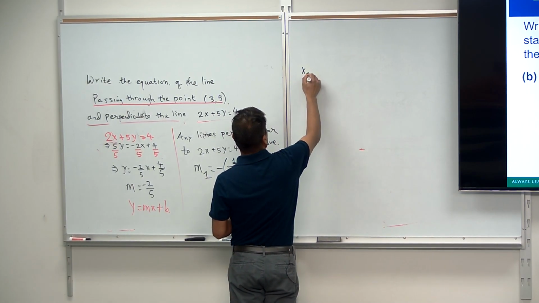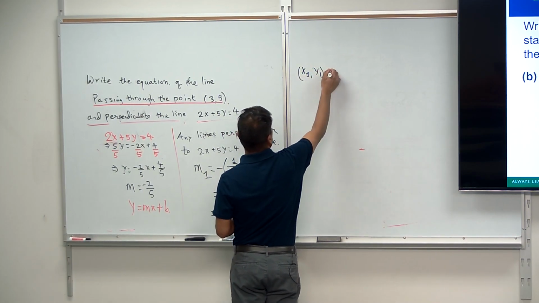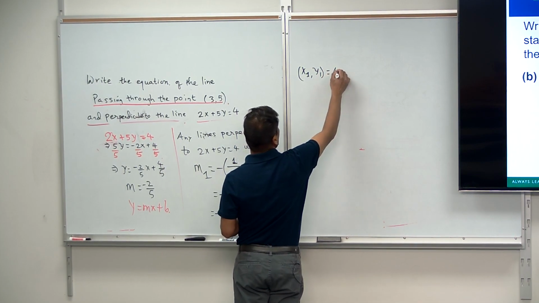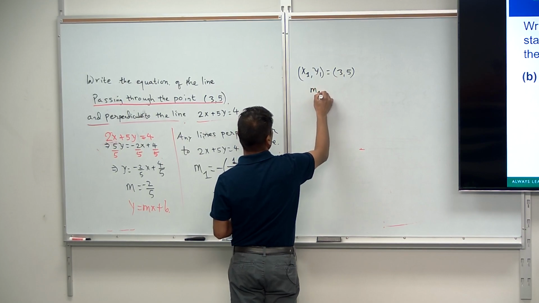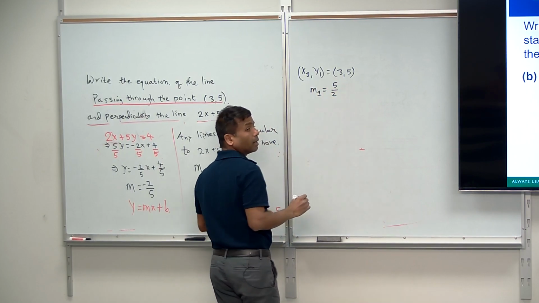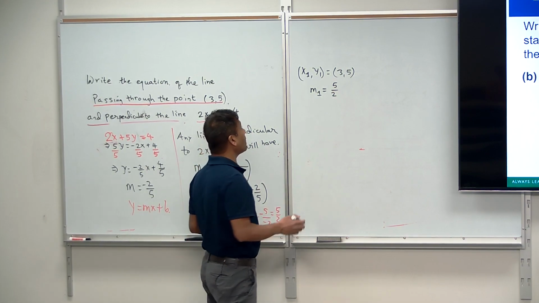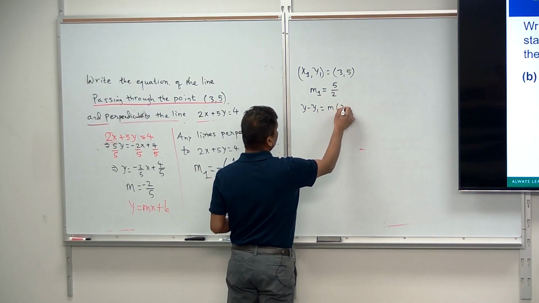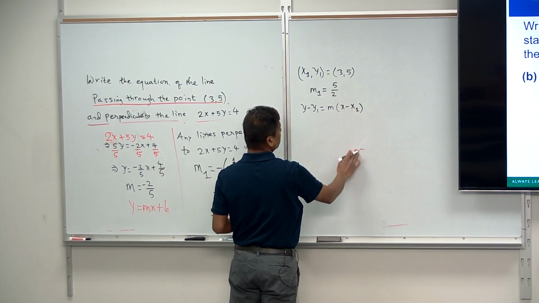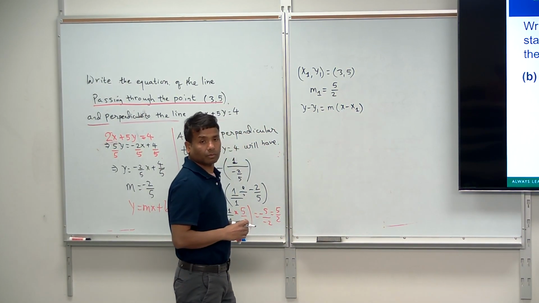You have a point, that is (3, 5), and you have a slope, that is 5/2, and you can find the equation by using the formula y minus y1 equals m times x minus x1. Good?